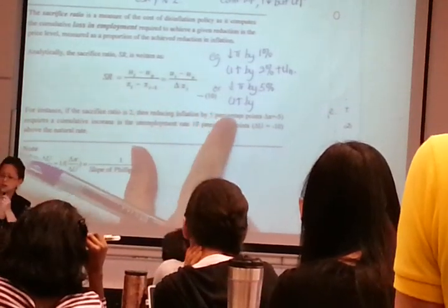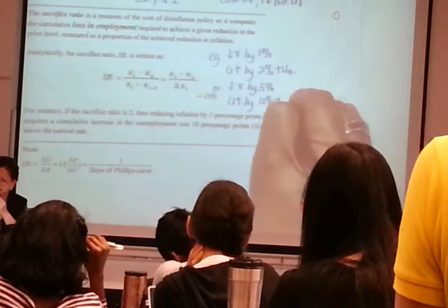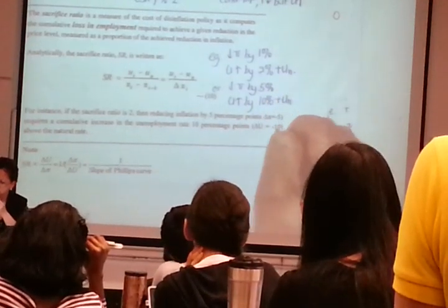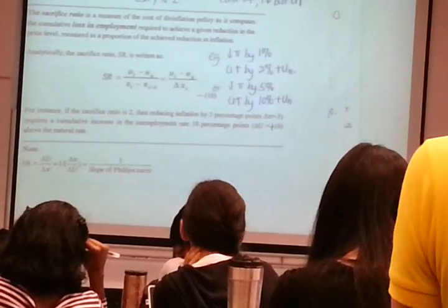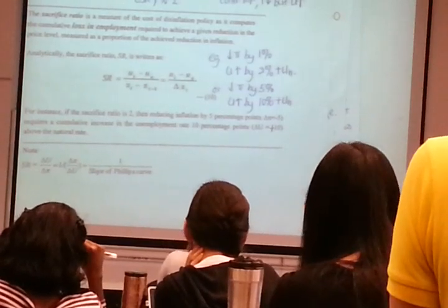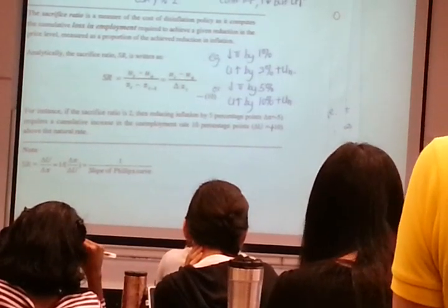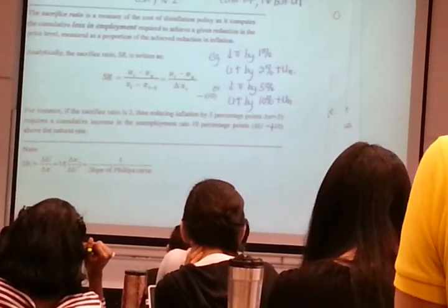You can multiply the 5 here with the 2 across. So unemployment will worsen by 10%, but it is plus the UN. So put a plus there. It shouldn't be a minus. So the sacrifice ratio is a convenient way to predict, for every inflation rate that you cut, the possible impact on unemployment.